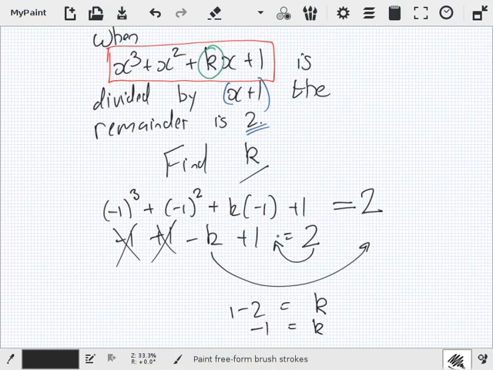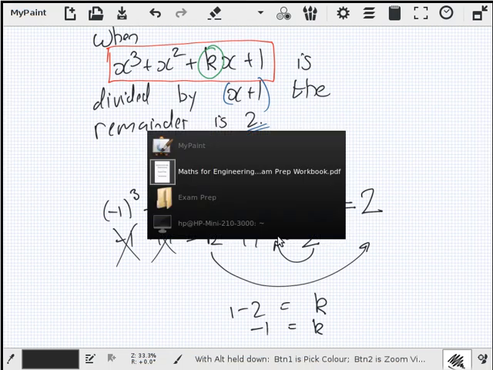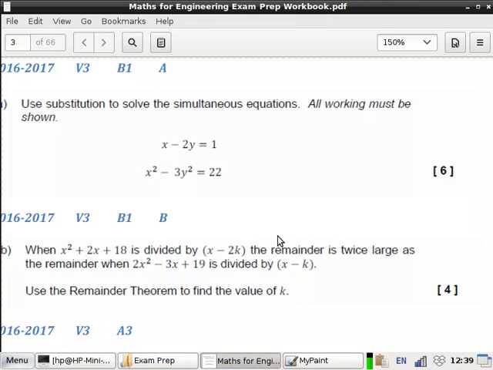Now I will give you a hard one to do in a minute. Can I give you a hard one? So this is a hard one. This next one here.